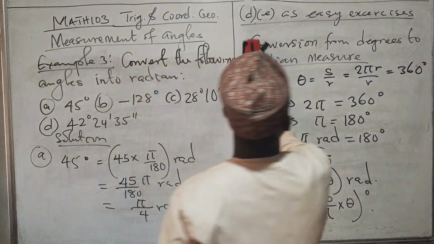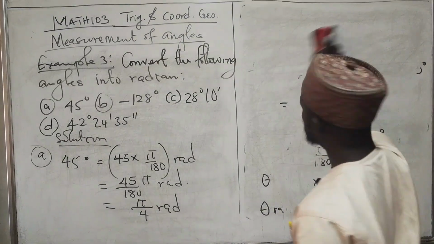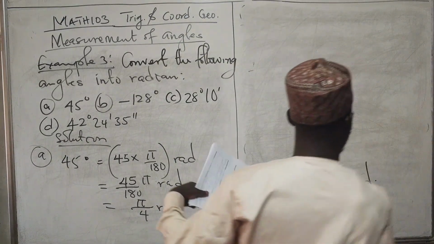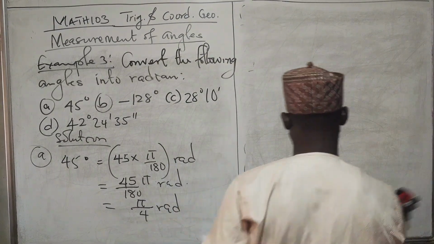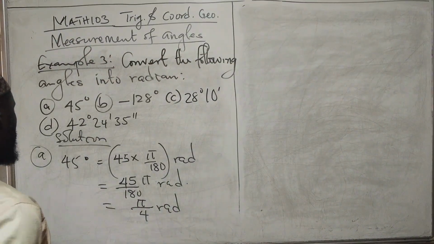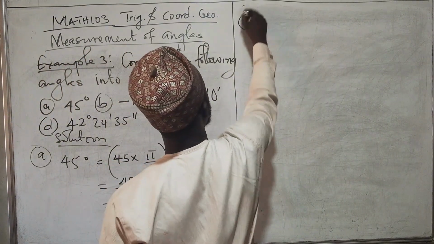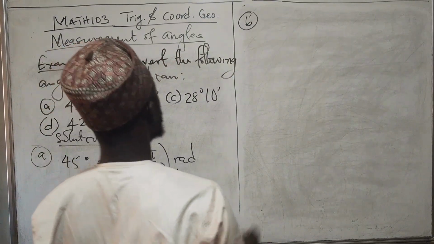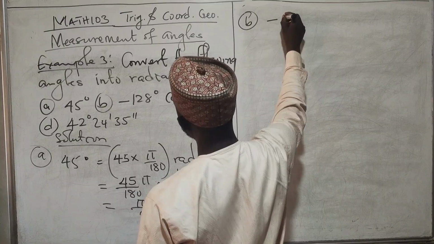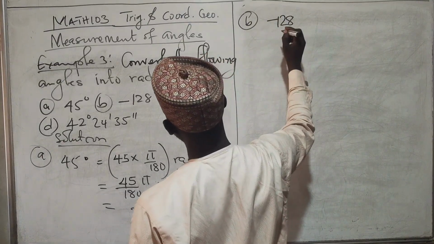So let's go to example B. Example B is saying we should convert minus 128 degrees into radian measure.